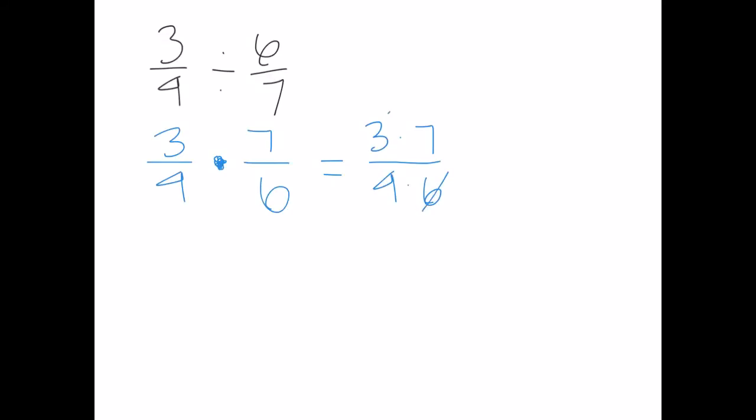And 3 can go into 6 twice, and 3 can go into 3 once. And so 7 times 1 is 7, and 4 times 2 is 8. So your final answer is 7/8.